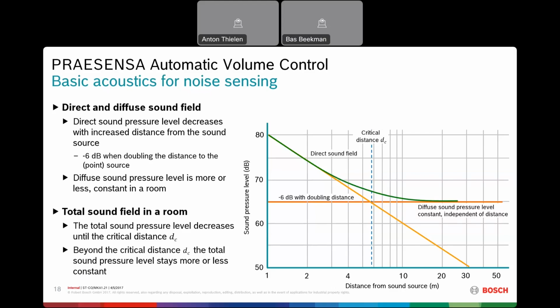At the left side of this critical distance, you have your direct sound field. On the right side of that critical distance, you have the diffuse sound field. And the total sound pressure level is this green curve, which you need to determine in your area where you later want to install your noise sensors.